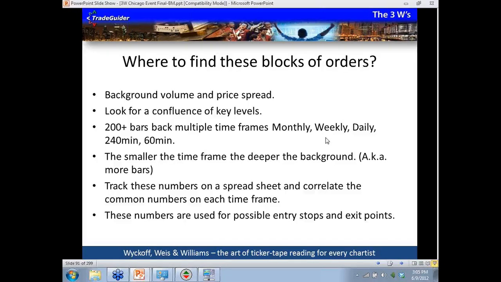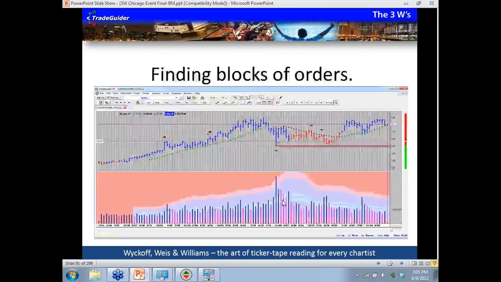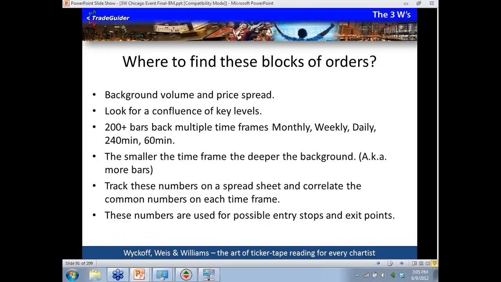And then watch how these react within certain areas. I'm going to be redundant about that and keep talking about that, but make sure it's a good idea to track. And they're used as entries, stops, and possible exits, and I really like to stress the importance of having a pre-planned approach before price gets there.